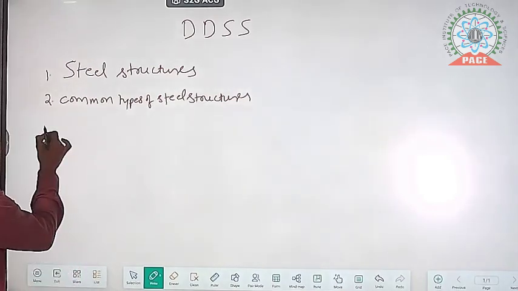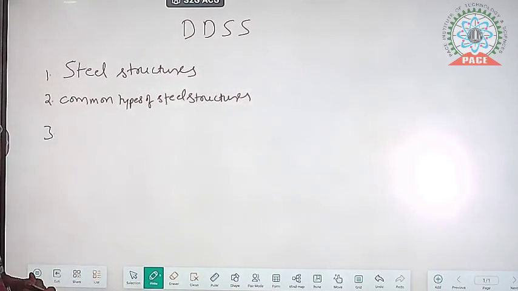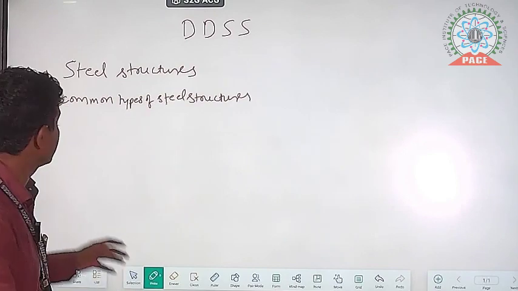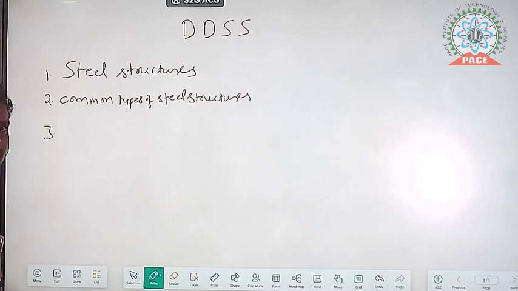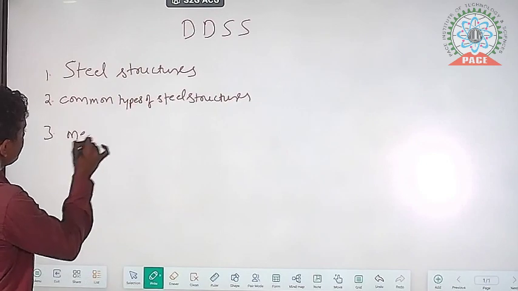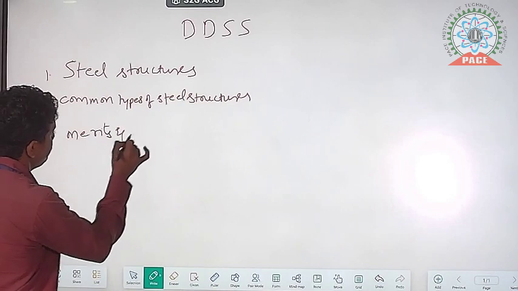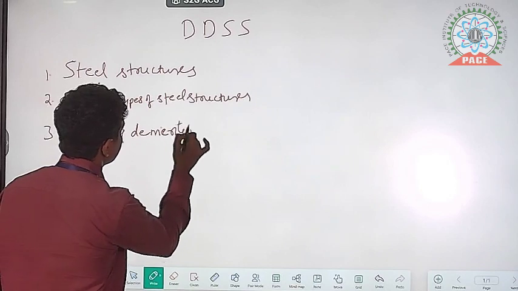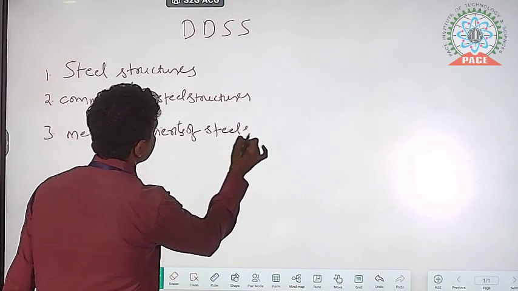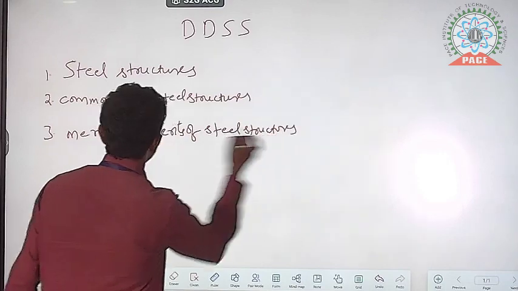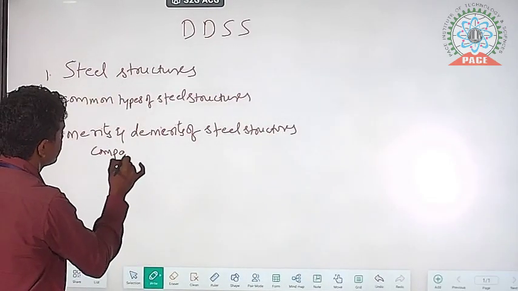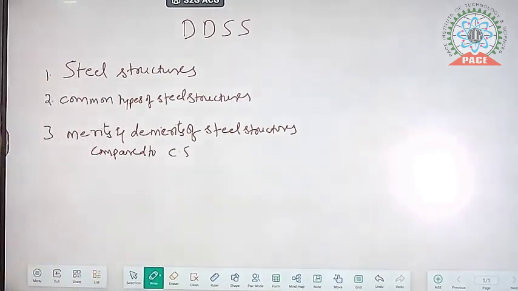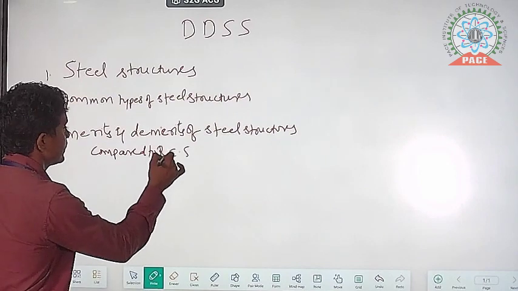And next we have to know why we have to prefer the steel structure when compared to concrete structures. That means, what are the merits and demerits of the steel structures compared to concrete structures, that means reinforced concrete structures, RCS.